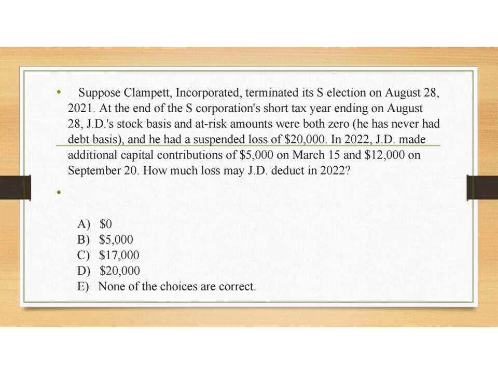This question deals with what's called a short tax year, okay? So remember that S corporations, because they can be terminated voluntarily or involuntarily, frequently create this thing called a short tax year, okay? That means a tax year that's less than 12 months, all right?